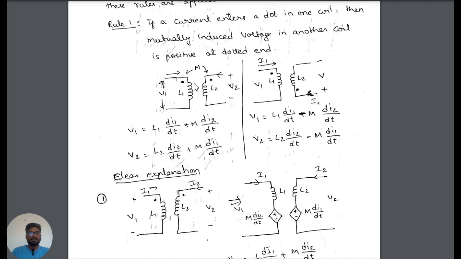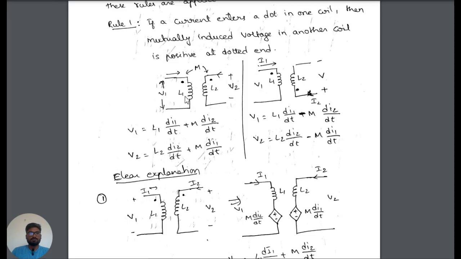If the current enters the inductor through this dot, then it is called entering. If the dot is placed after the inductor, and the current leaves that inductor through this dot, then this is called leaving.